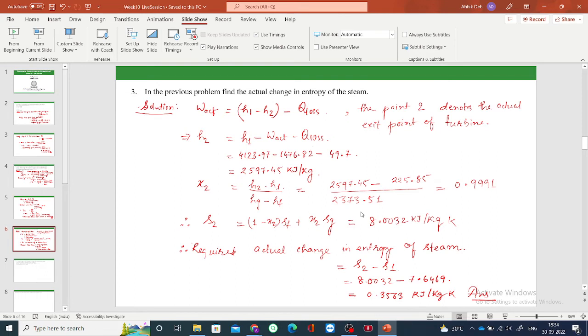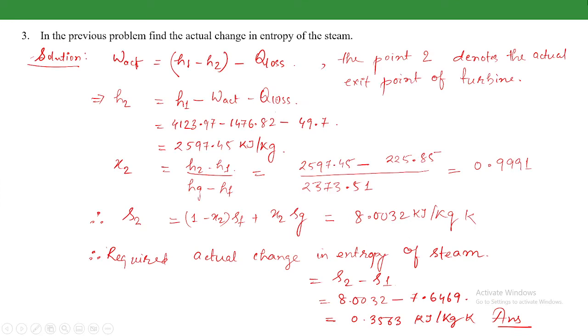Sir, I understood the question with no doubt, but if you represent this isentropic process and the actual process on a diagram, then it will be more simple. Yeah, we can do that. Supposedly, if we draw this diagram, if this is a process, it starts from 1, and if it is isentropic, then it is exactly vertical.